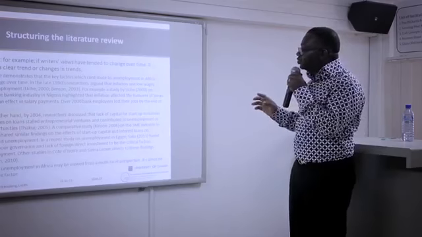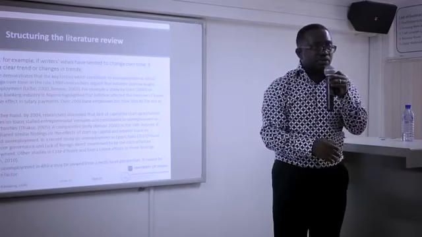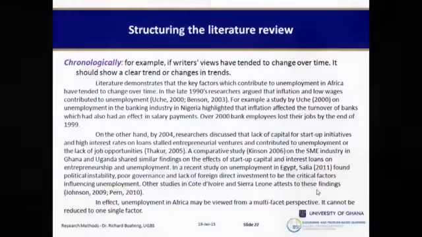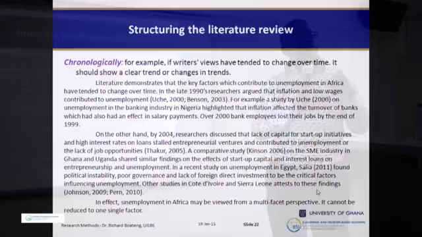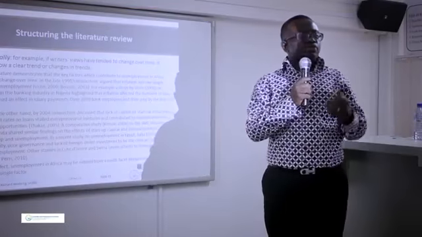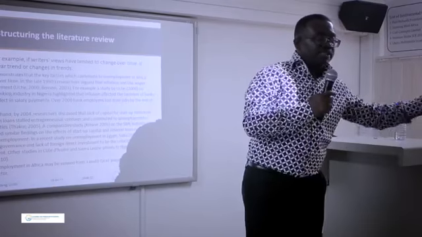Now, what he has been able to do is to look at the factors that influence unemployment in each of the three blocks. So he says that, in effect, unemployment in Africa may be viewed from a multifaceted perspective. It cannot be reduced to a single factor, and this is true. He has illustrated that to make this argument. Whenever somebody is writing chronologically, the objective is to lead to a particular point. He demonstrates that the issue has changed over time.